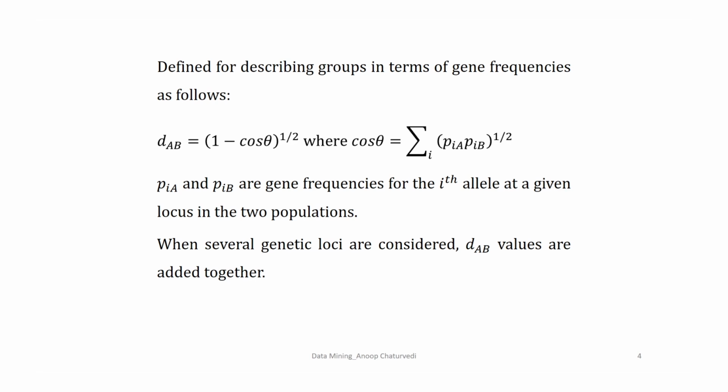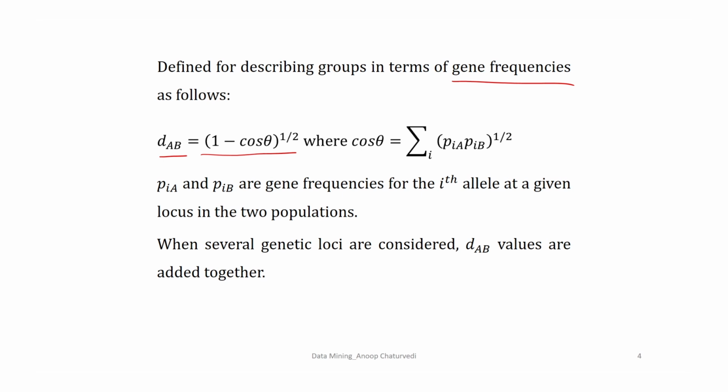Then we define the genetic distance for two groups as, say, suppose you have gene frequencies for the two groups, then we define DAB, A and B are the two groups, as (1 minus cos theta) to the power half, where cos theta is equal to summation over i (PiA PiB) to the power half.